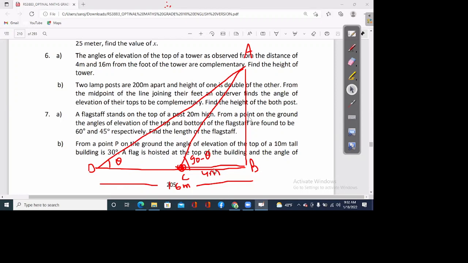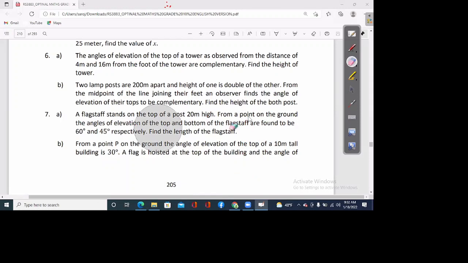So now we'll move to question number 6B, all of you. Mr. Desan, will you please help me?